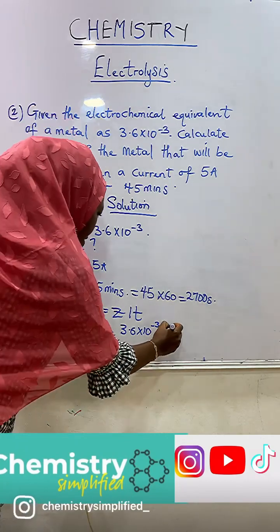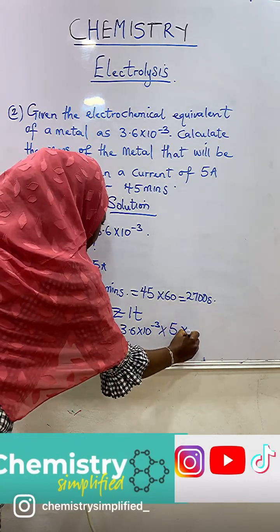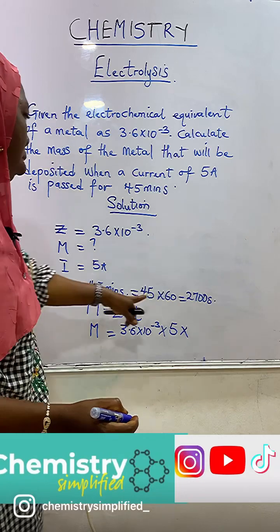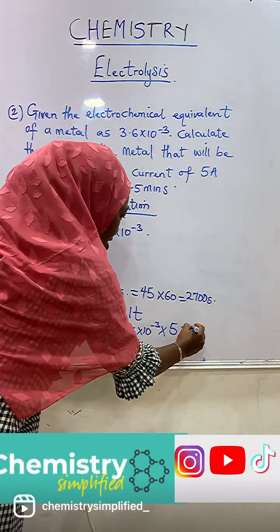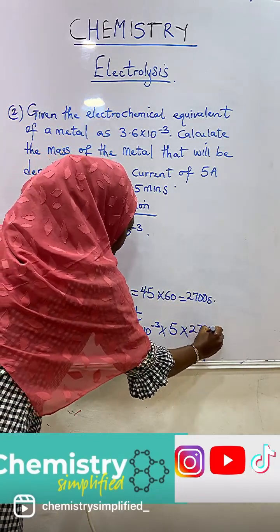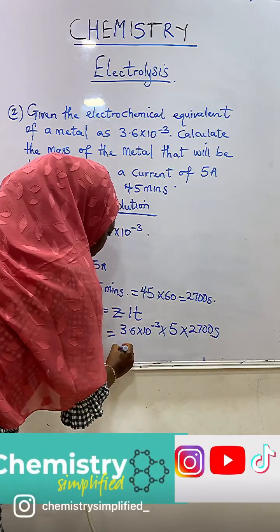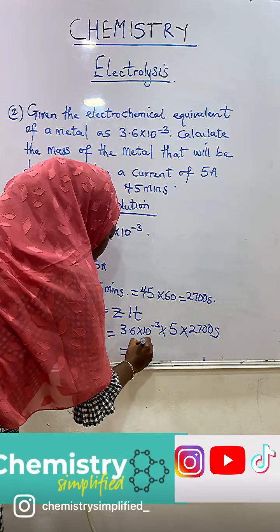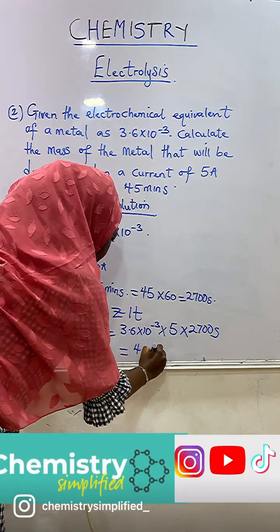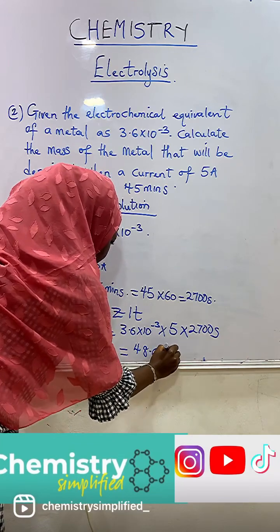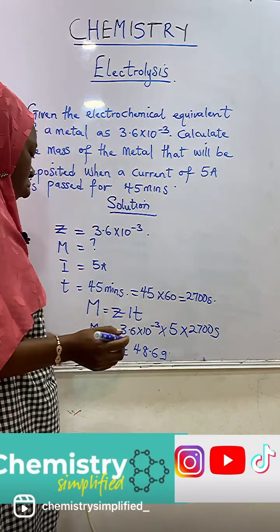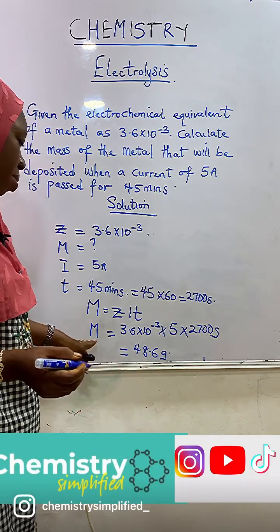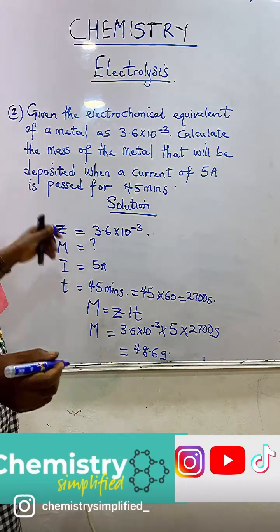Our I is 5 ampere. And what is our time? Our time is now 2,700 seconds. So when you multiply the 3 together, what you get is 48.6 gram. You know, mass is always in gram or kilogram. So 48.6 gram is the mass for that particular question.